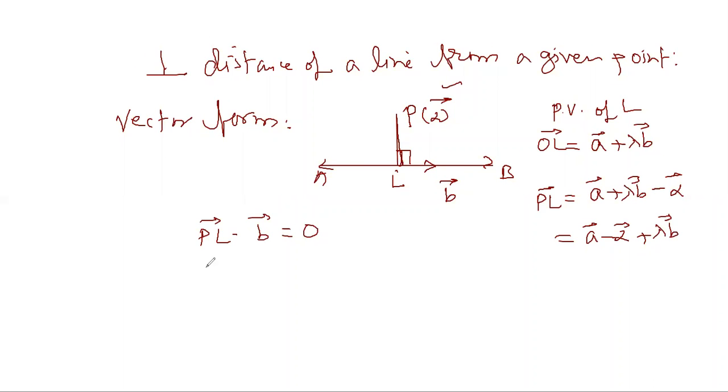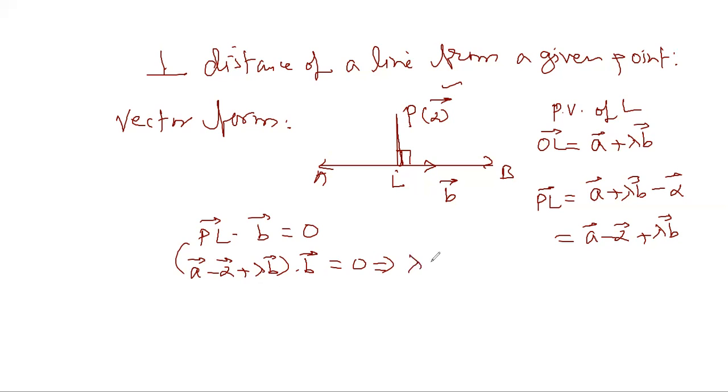So find their dot product. PL is A minus alpha vector plus lambda B vector, with dot product of B equal to 0, and solve it. We will get B dot A minus alpha plus lambda into B dot B, that is B square.